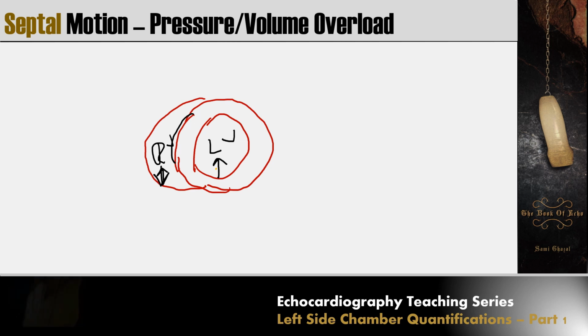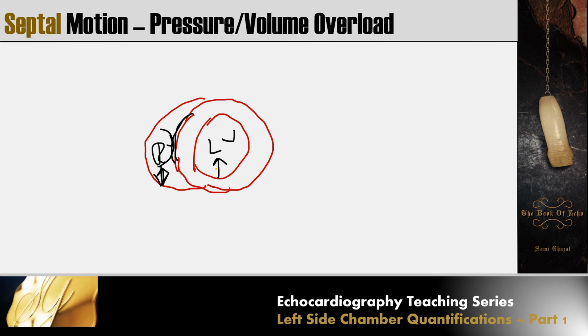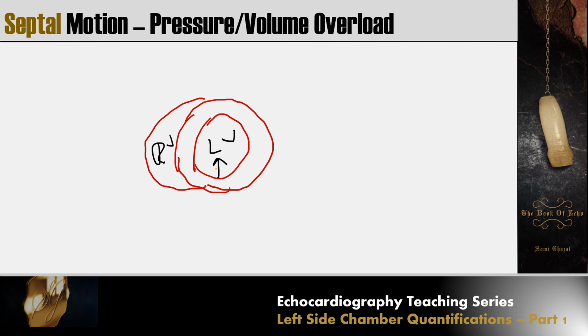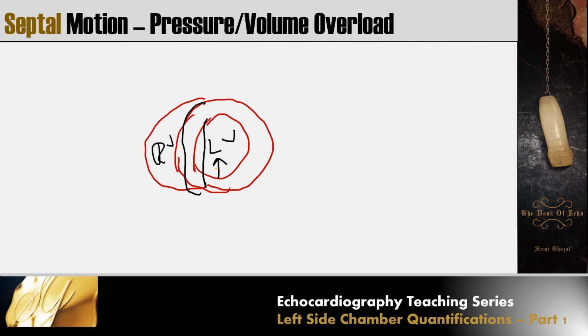Sorry, yeah, if the pressure in the RV is higher than the pressure in the LV, you will have the septum bulging the other way. It will be flattened like this. This is how it will look. It will be flattened.